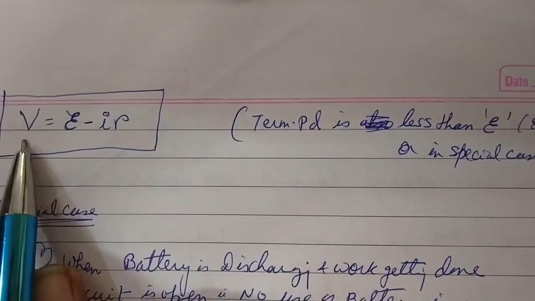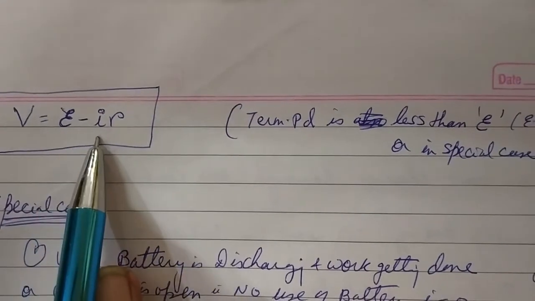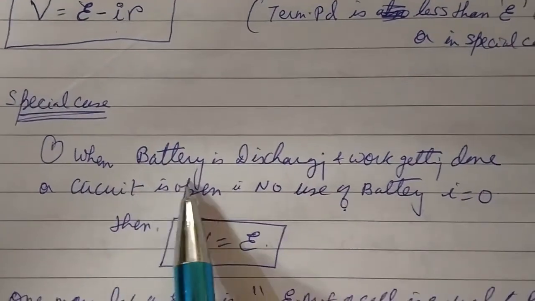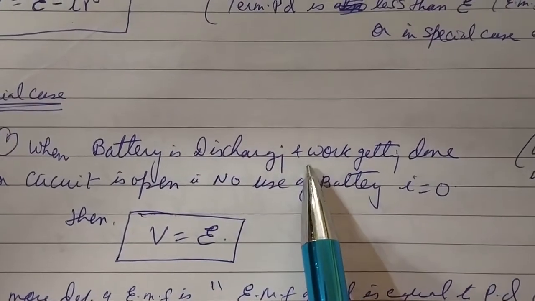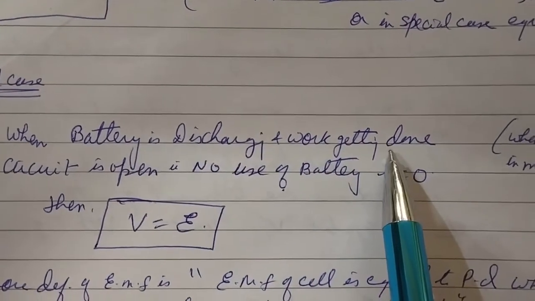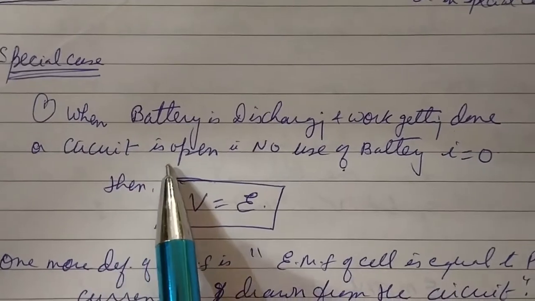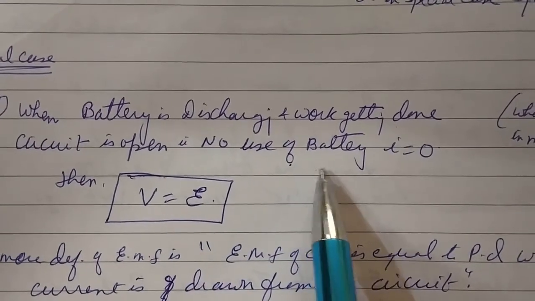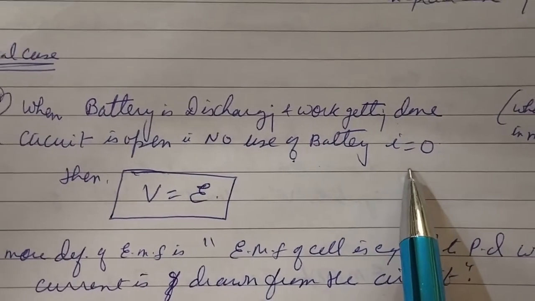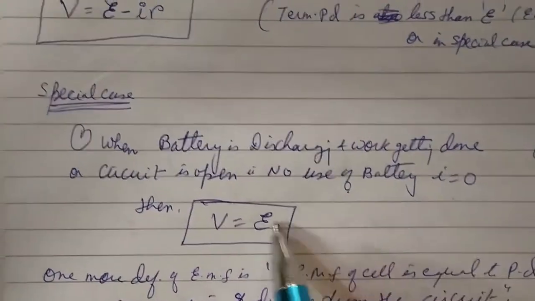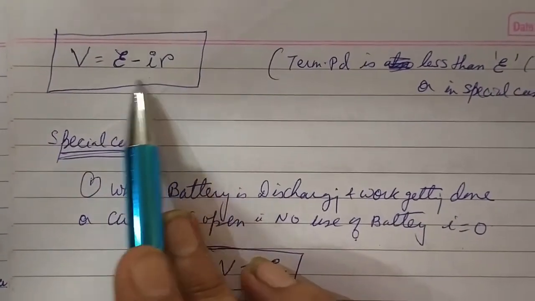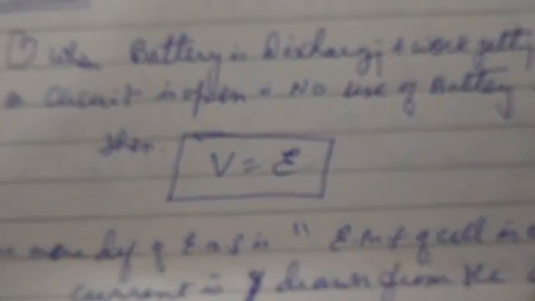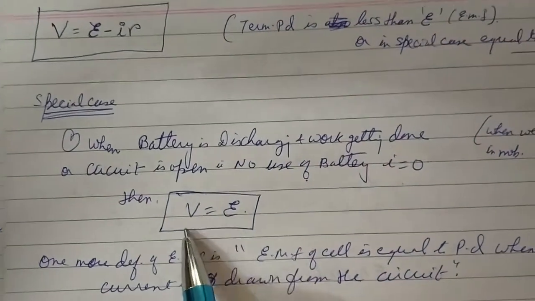Now a special case, when battery is not in use, or circuit is open, that is current is equal to 0, means I is equal to 0. Then V is equal to E.